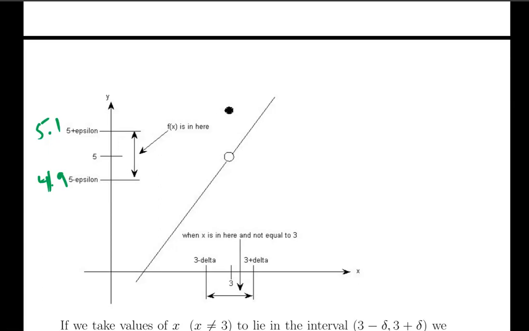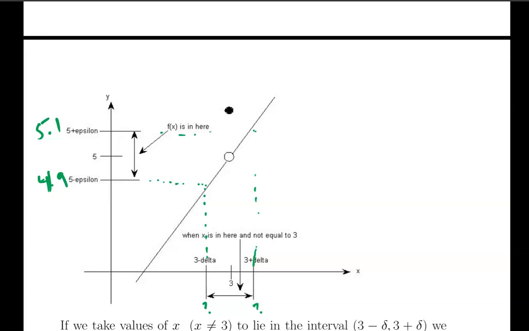So if you go over to the graph and then go down, I should be able to find this number here. 5.1, if I go over to the graph and then go down, I should be able to find this number, right? And you can just kind of work backwards, right?